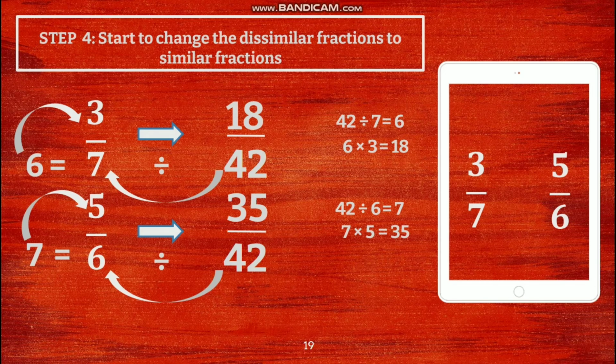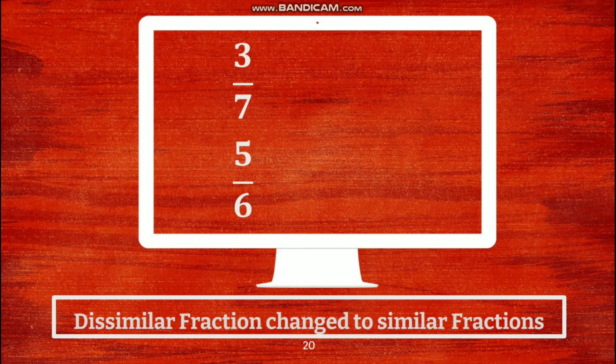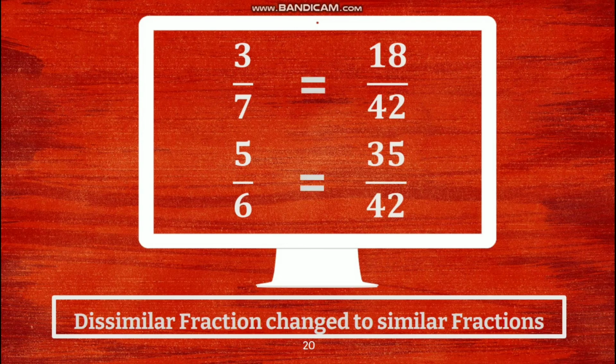And so here, we made them similar fractions. 3/7 and 5/6, when changed to similar fractions, become 18 over 42 and 35 over 42.